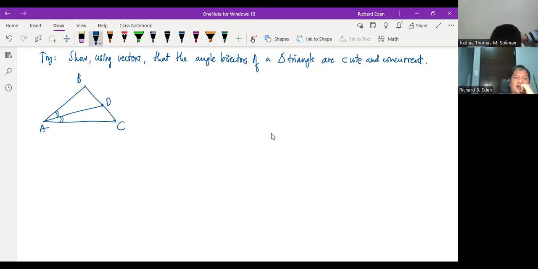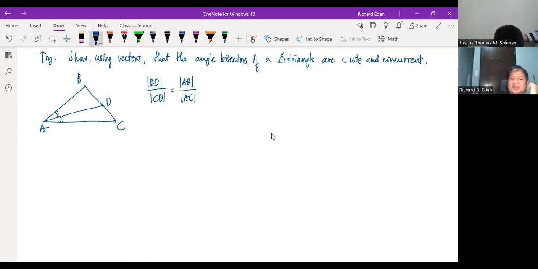Okay. Kasi what we do know is there's BD and CD. So just so it's clear that I'm referring to the lengths, let me use those vertical bars. BD over CD, diba, this is equal to the length of AB over the length of AC.